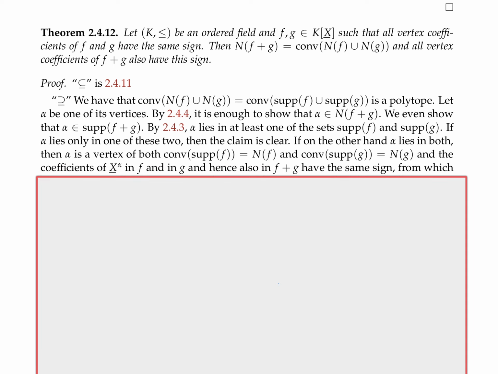And the coefficients of x to the alpha in F and in G, and hence also in F plus G, have the same sign. Because that's the hypothesis of the theorem, since these are vertex coefficients.